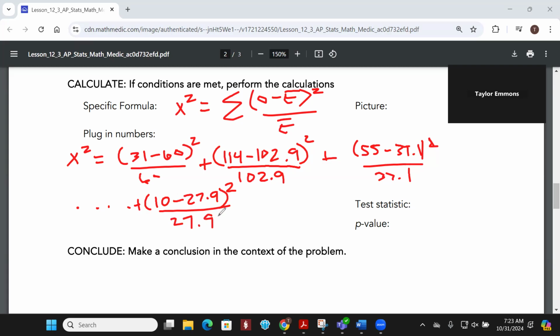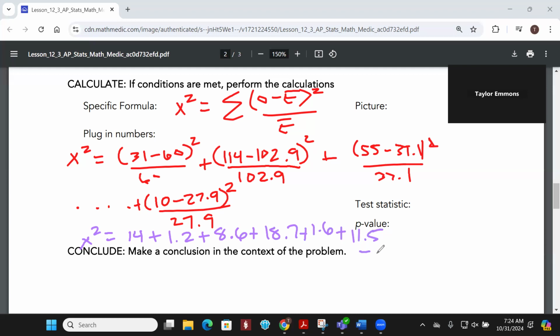When you do all of that, remember you're going to show that you simplified all of the fractions. Simplified, that would give us 14, 1.2, then 8.6, then 18.7, 1.6, 11.5.